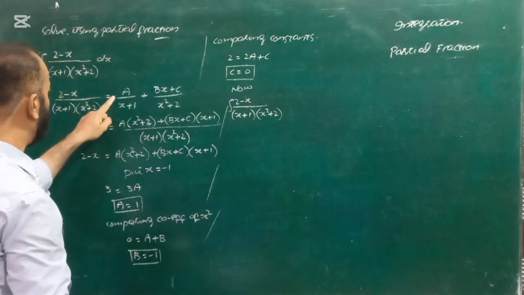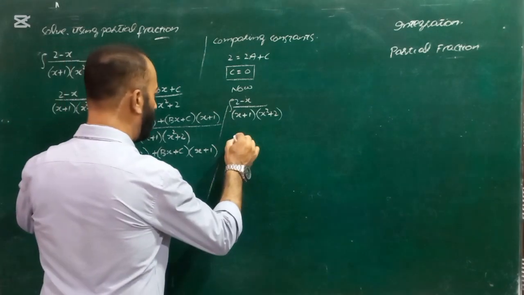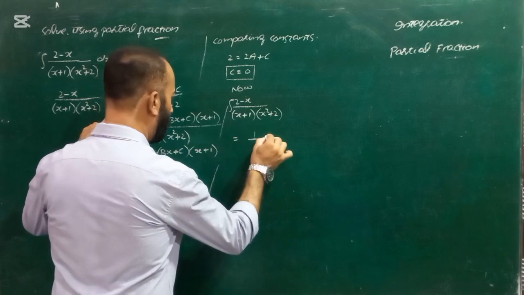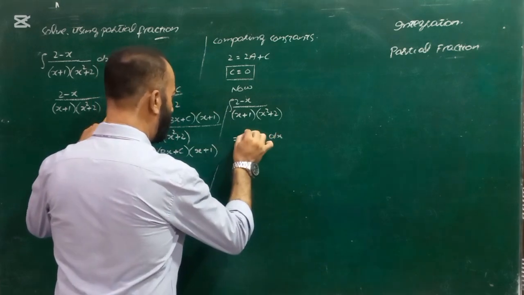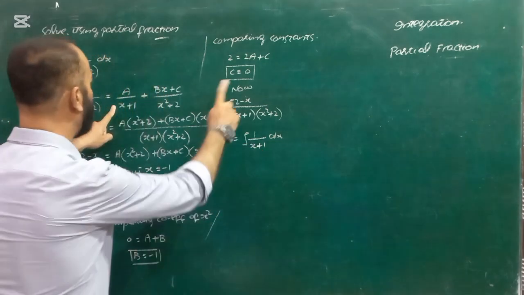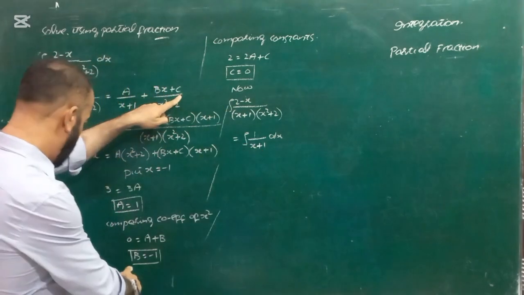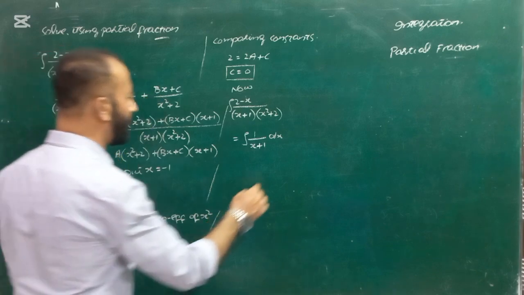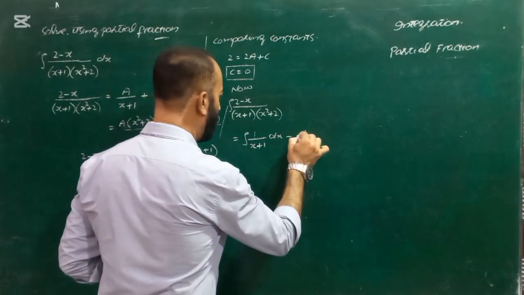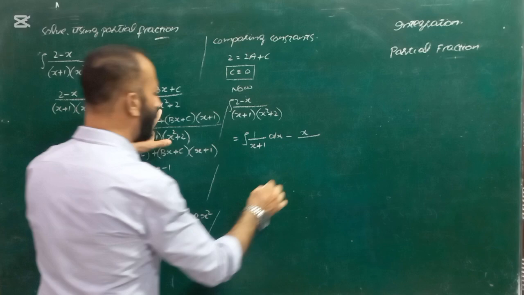So a is 1, so it will become 1 over x plus 1 dx, and because c is 0 and b is minus 1, so it will become minus x over x square plus 2.